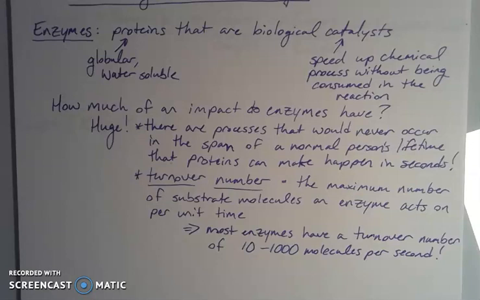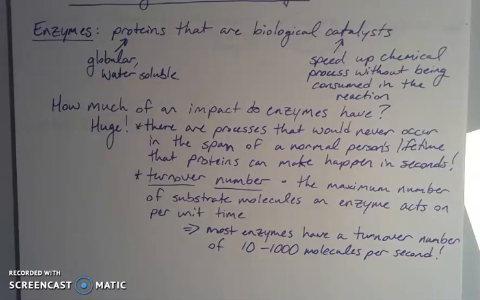It may happen on its own, but it could take more than 100 years. And these enzymes can speed up that process to where we have these things doing those processes many times per second even. So it's incredible. It is so hard to get your head around how important this is.